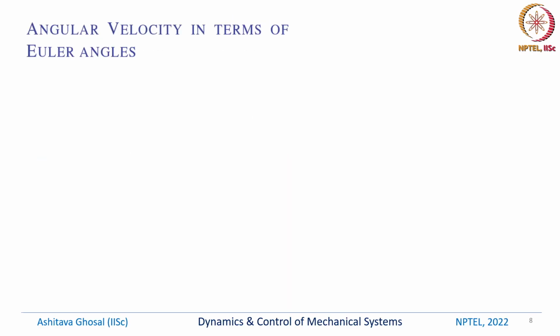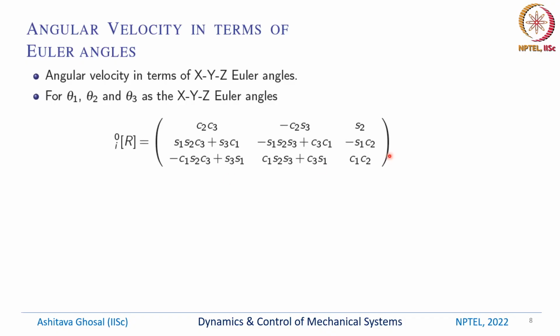So let us continue, and find the angular velocity vector in terms of Euler angles. Recall that the rotation matrix of a rigid body in terms of Euler angles can be given in a variety of ways. If you have x, y, z Euler angles, where the rotation about x is theta 1, rotation about y is theta 2, and rotation about z is theta 3, then the rotation matrix 0 I R can be written in terms of cos and sine of these three angles.